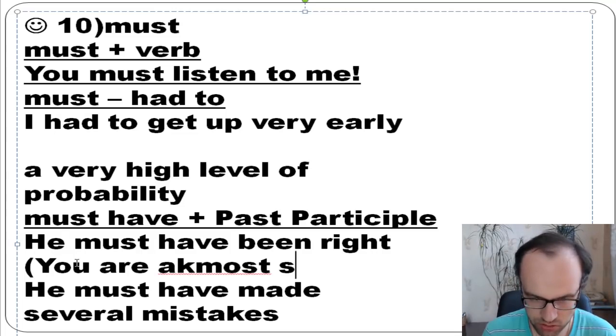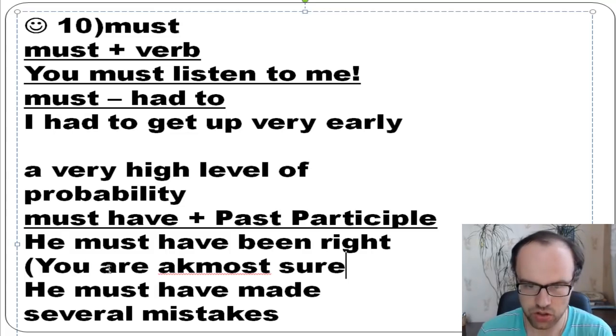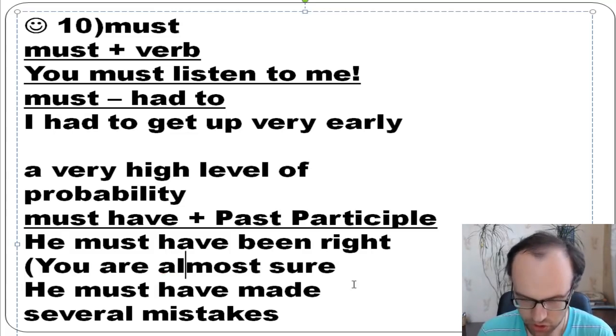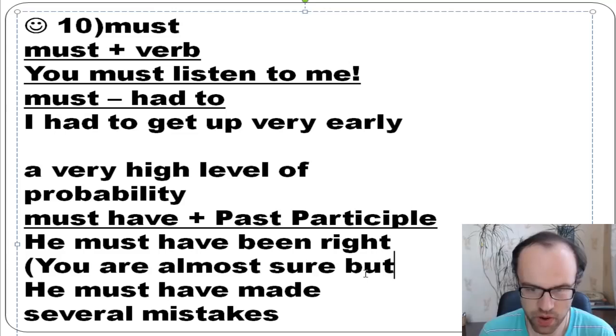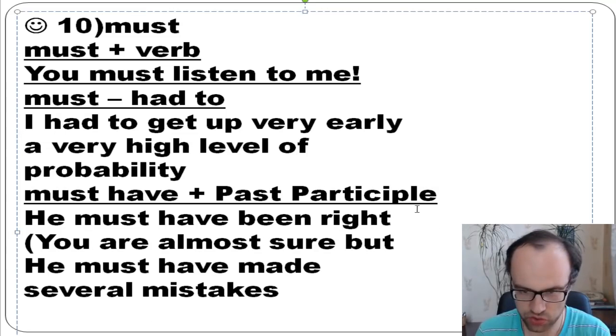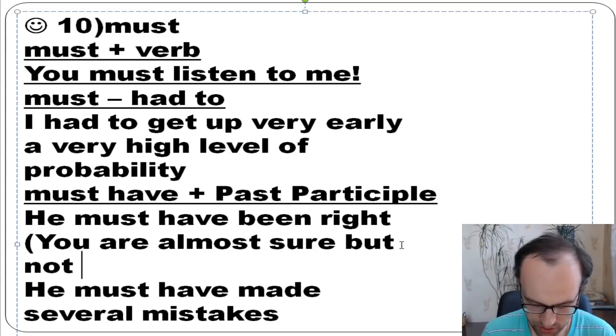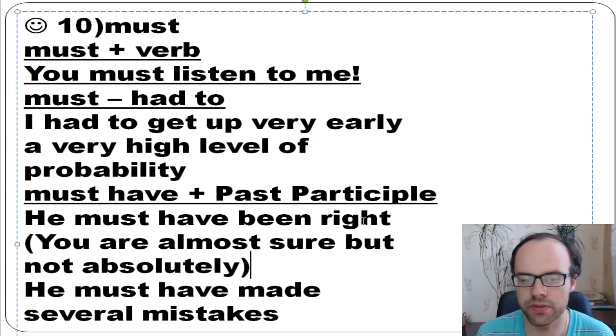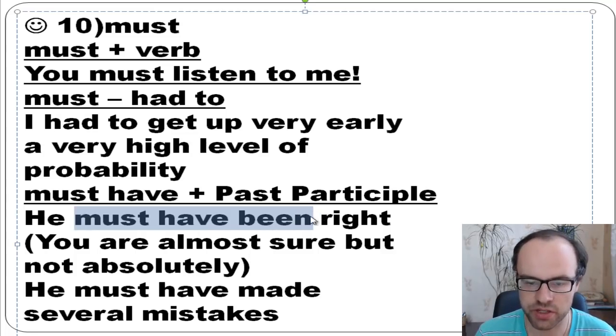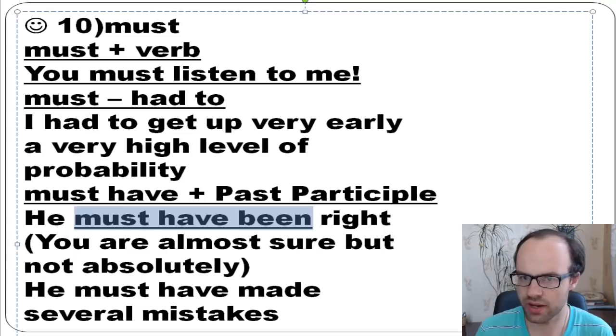You're almost sure, but not what? But not absolutely. Okay? So he must have been right. You're almost sure, but you can't say it for 100%.